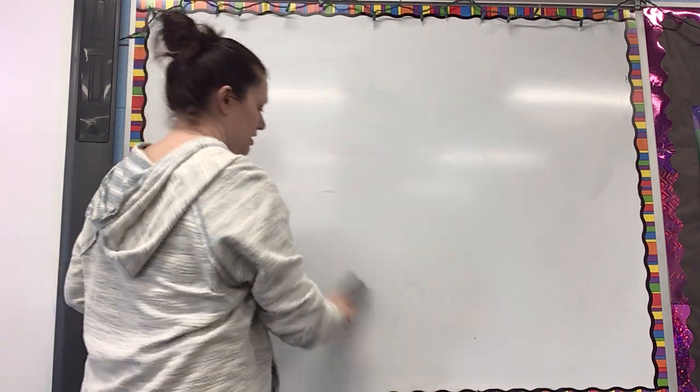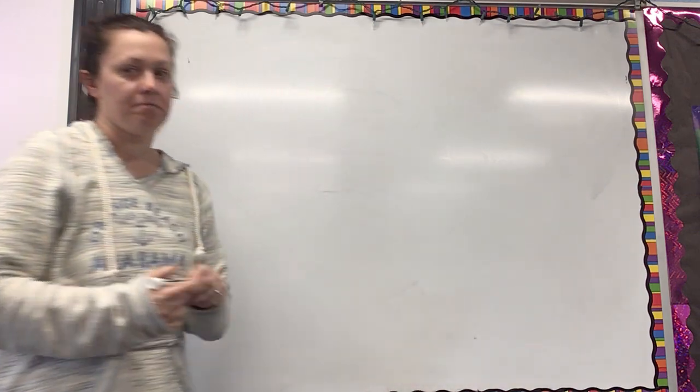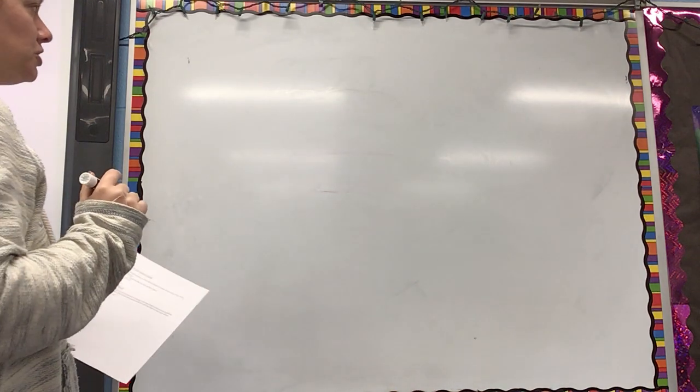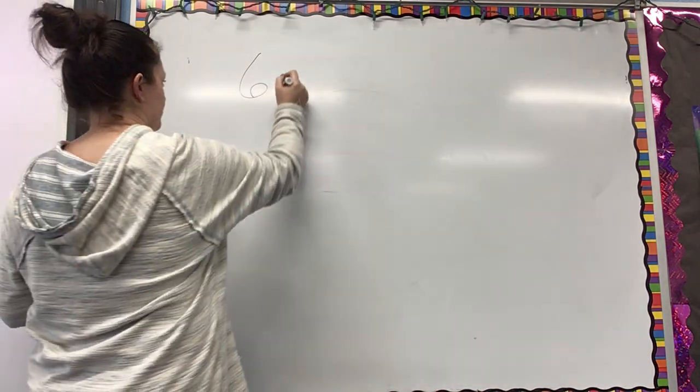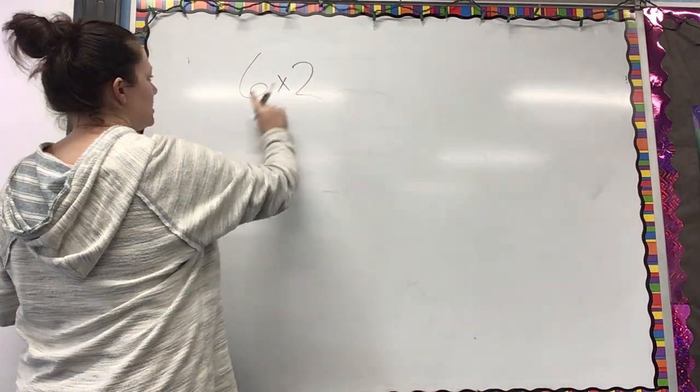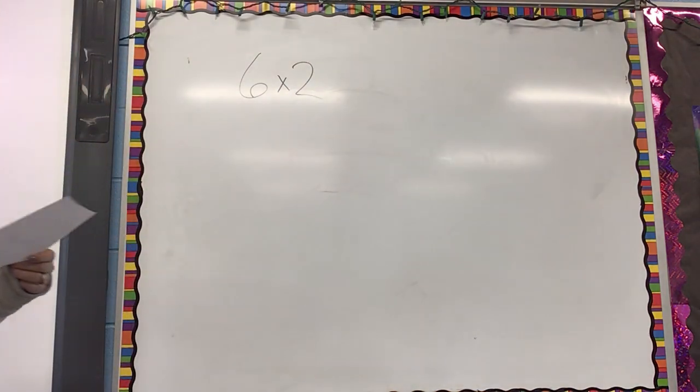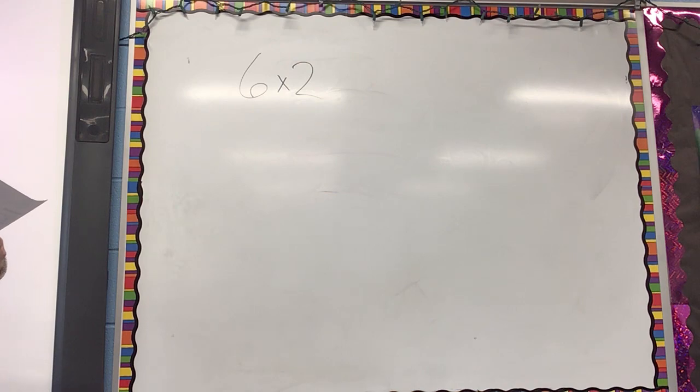More of just an interesting idea about our math facts. We're going to do 6 times an even number. When you do 6 times an even number, the final digit in the answer will always be the same.